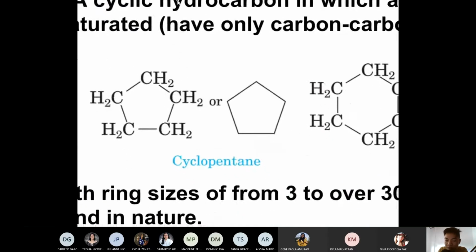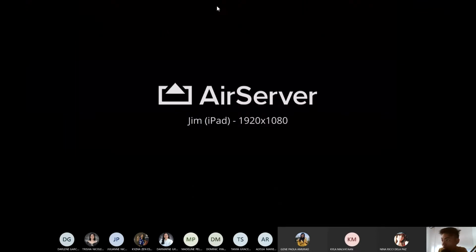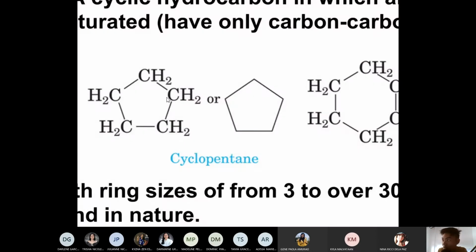Another one is the cyclopentane. So, ano meaning ng cyclopentane? So, pent meaning may 5 carbons, no? Pent, 5 carbons. So, ilang carbon meron tayo dito? 1, 2, 3, 4, 5. Pentane, no?